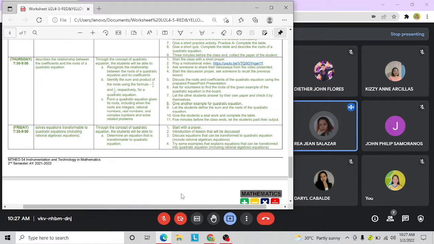B, identify the sum and product of the roots using the formulas negative B over A and C over A respectively for a quadratic equation. C, form a quadratic equation given its roots, including when the roots are integers, rational numbers, real numbers, and complex numbers, and solve related problems.